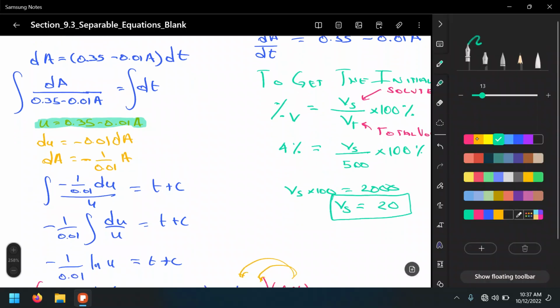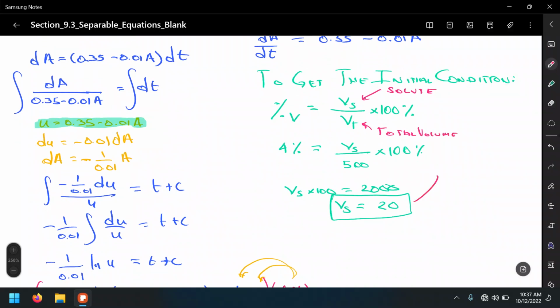And what does that represent again? It represents the initial amount of alcohol. And this is actually in gallons.